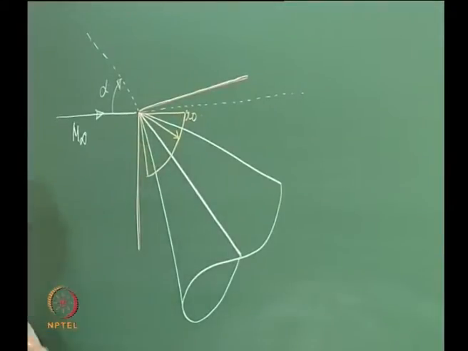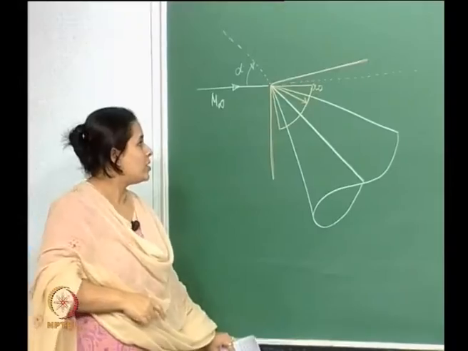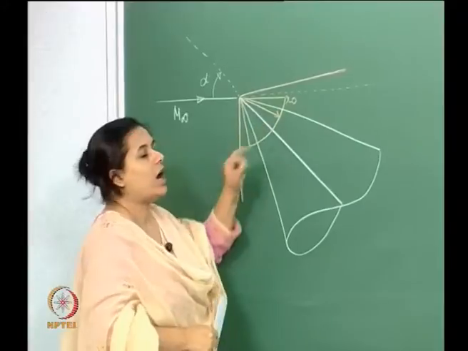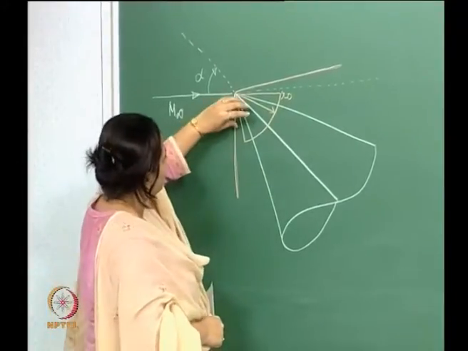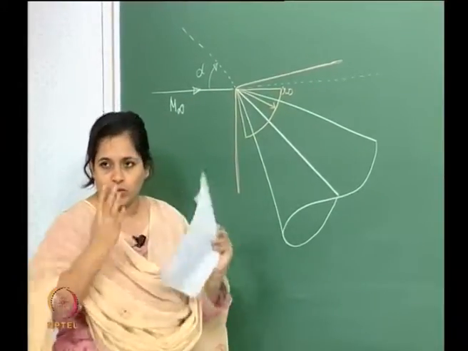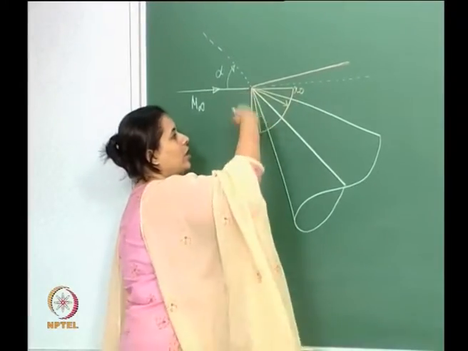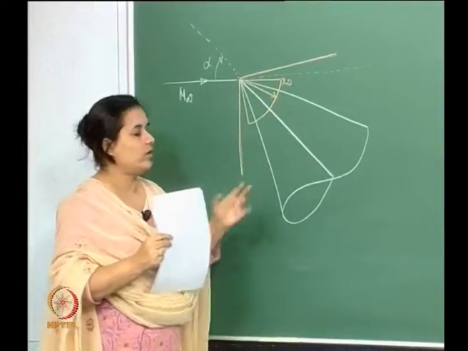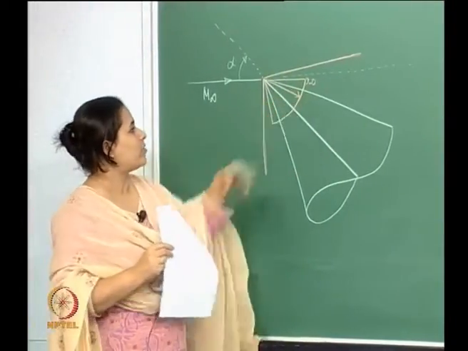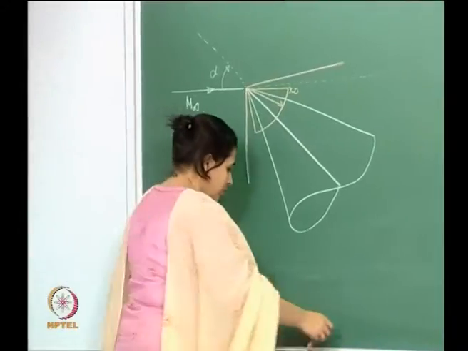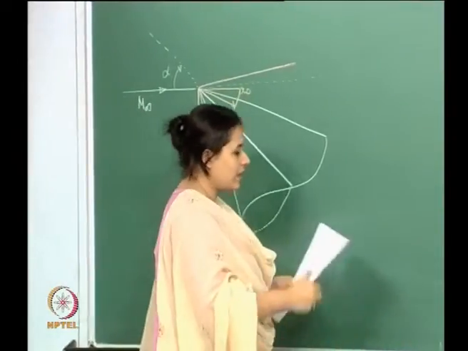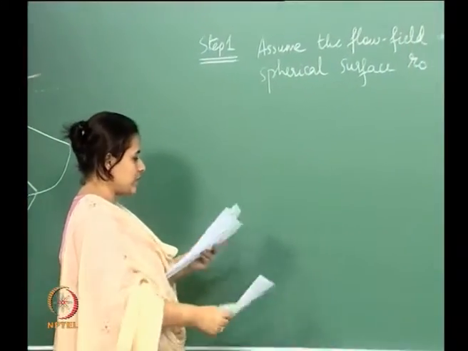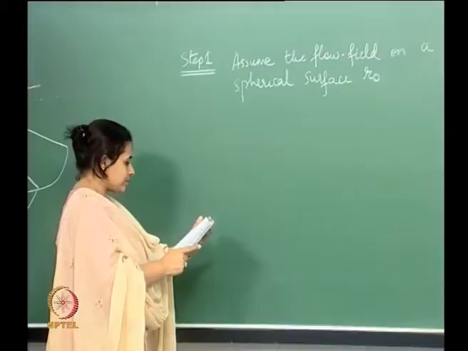So we assume the flow field on a spherical surface r naught. If you think of a cone embedded within this shock structure, between the shock and the body, the radius of that is r naught, and we are going to assume the flow on that as we start.